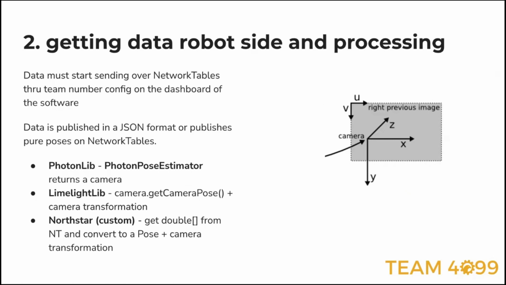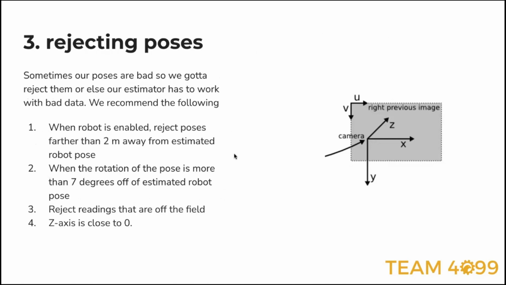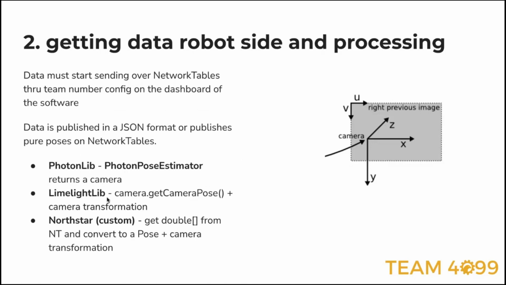Based on the software that you're using, it's going to come in different formats, which is why you should always read the docs instead of assuming what's happening. So PhotonLib does a lot of the work for you. You instantiate a camera object, and then you put that into the PhotonPoseEstimator, which returns your actual robot pose based on a transformation of your camera. Let me go over that at the end, but LaminateLib does the same thing.